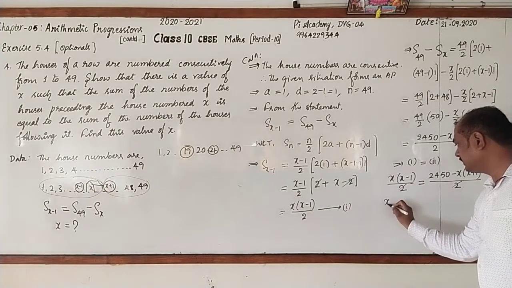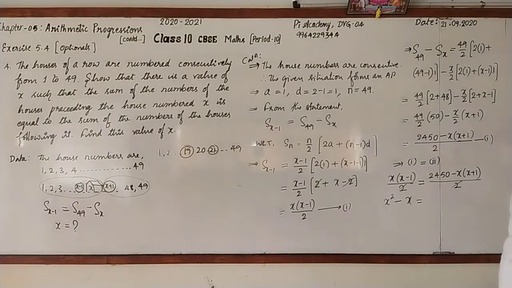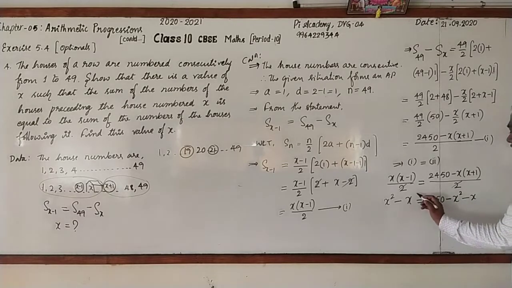Next, multiply. x into x is x square, minus x into 1, 1x. This is equal to 2450 minus, multiply, minus x into x is minus x square, minus x into 1 is minus x. Now observe here.